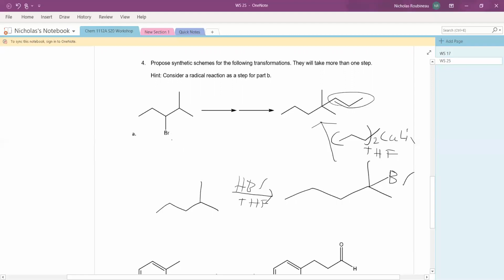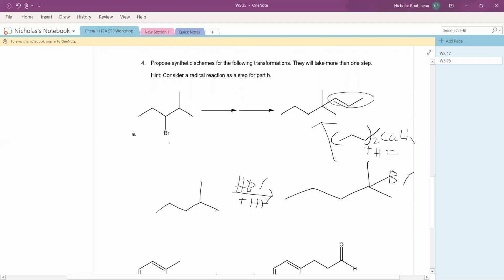I'm not sure about that. That's usually not what you would do in a synthetic procedure. You wouldn't do a reaction like an SN1 to hope that it does an alkyl or a hydride shift to move the bromine here.